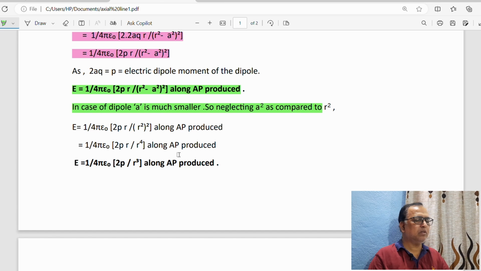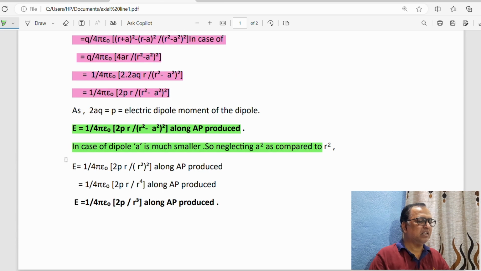At last, the net field strength due to the dipole is E equal to 1 by 4 pi epsilon naught 2p by r cube along AP produced.